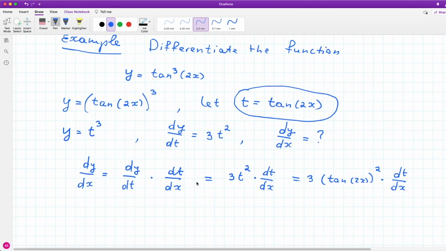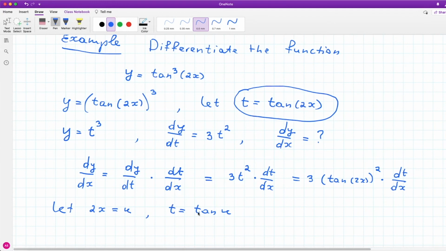Let's introduce another intermediate variable, namely let 2x equal u. This simplifies our function because now we can write t as simply tangent of u. So you just say, okay, t is the tangent of some number, and let's denote that number by u.